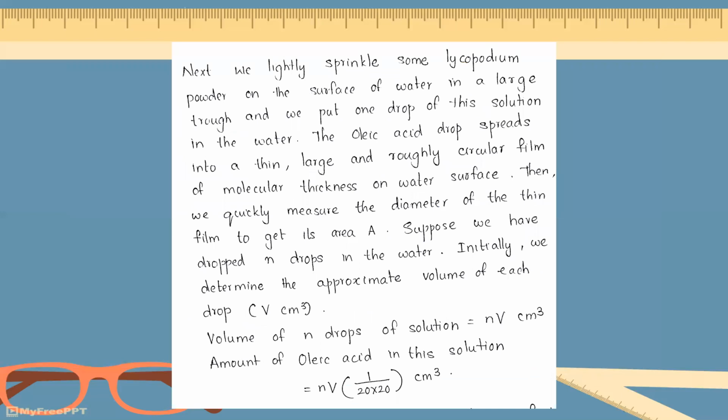Then what we do is we slightly sprinkle some lycopodium powder on the surface of the water in a large trough and we put 1 drop of this solution in the water. We take water in a big, large trough and sprinkle some lycopodium powder.